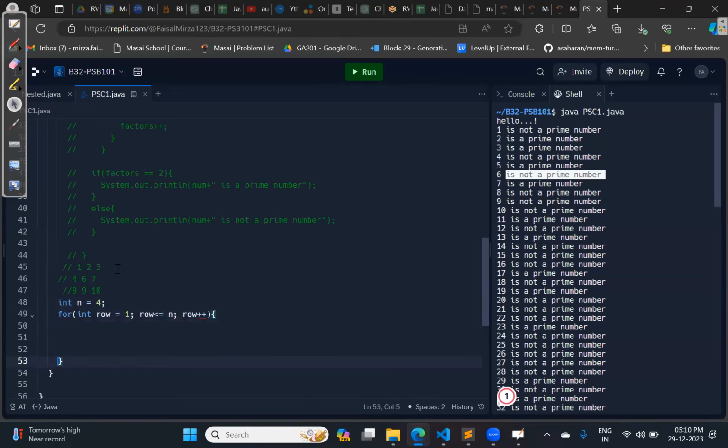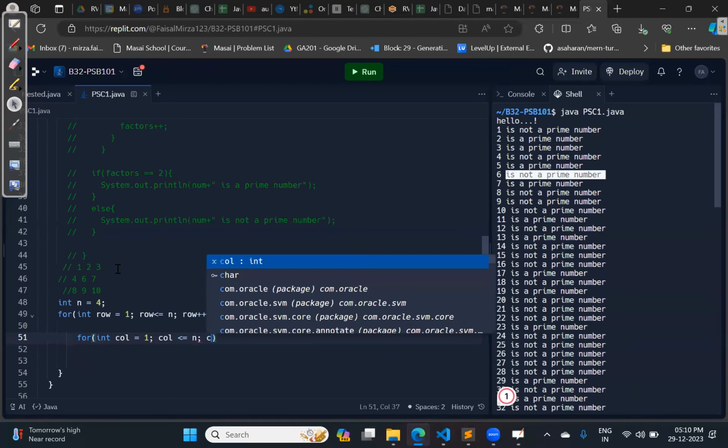Okay. Now let us again use a column for loop. Integer col is equal to 1, col is less than or equal to n, col plus plus.